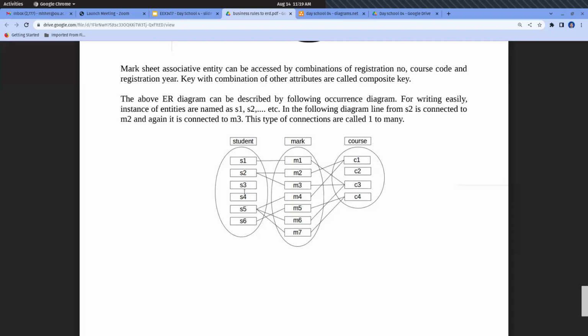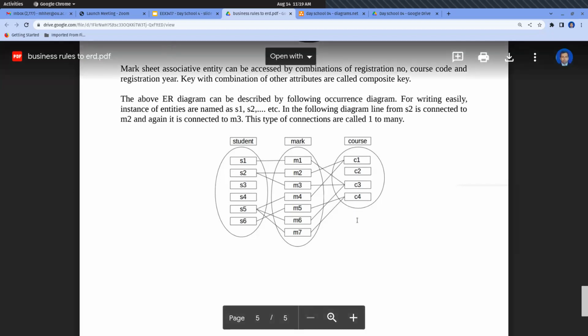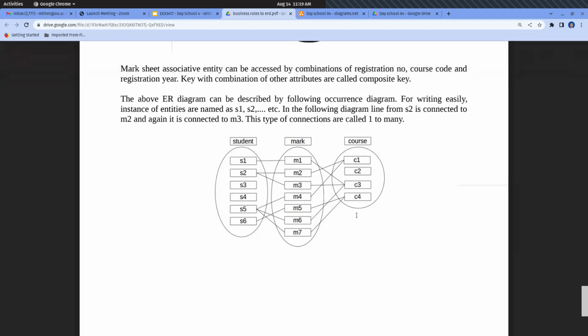Like these students have not registered for any course. There may also be a course with no registered students, without any link.